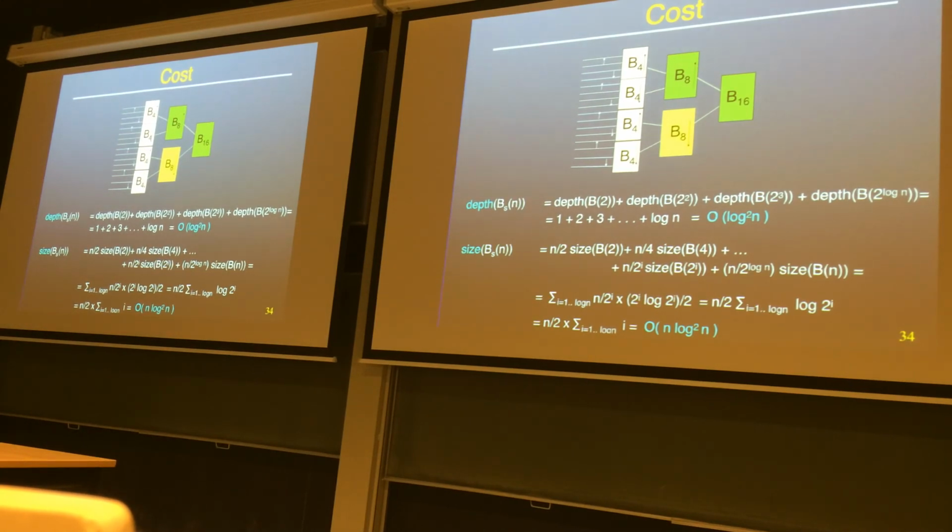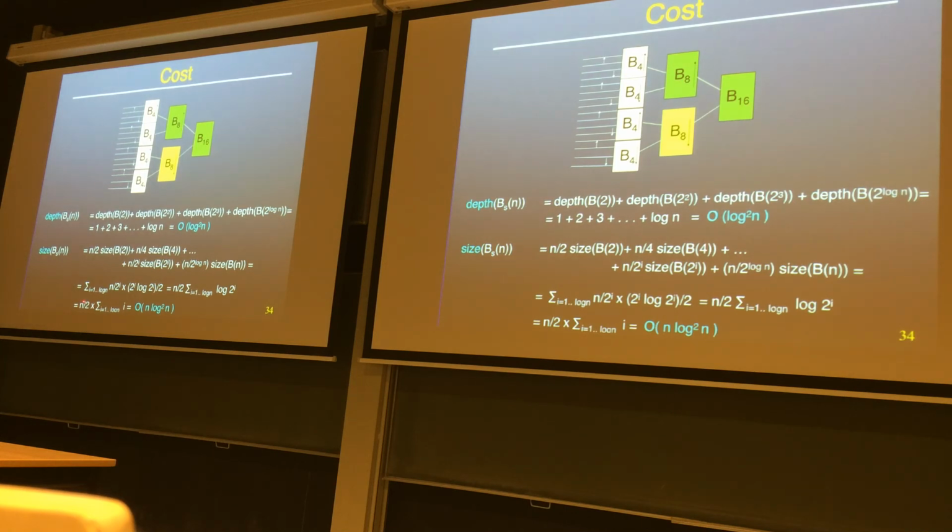Okay. What's the size of the bitonic sorting network? Well, that's n divided by 2 times the size of a B2 network, as there are n divided by 2 pairs. This is n divided by 4 times the size of B4, plus, in general, n divided by 2 to the power i times the size of B2 to the power i.